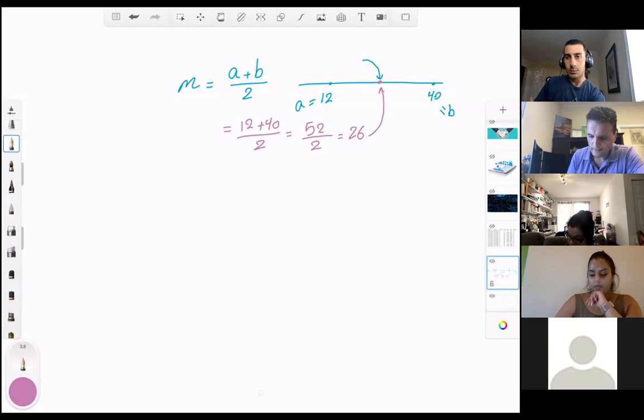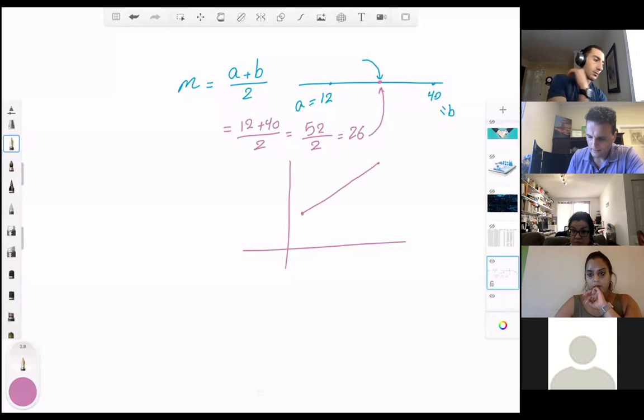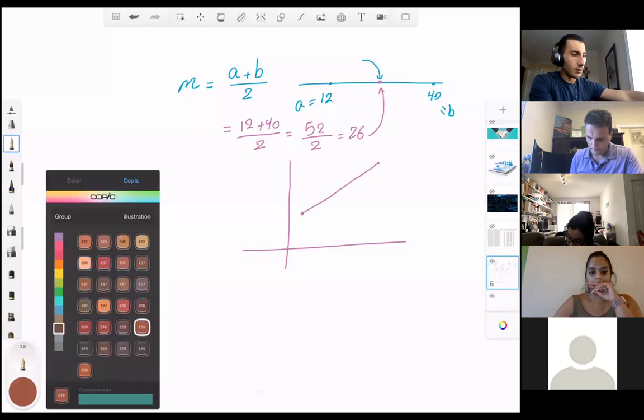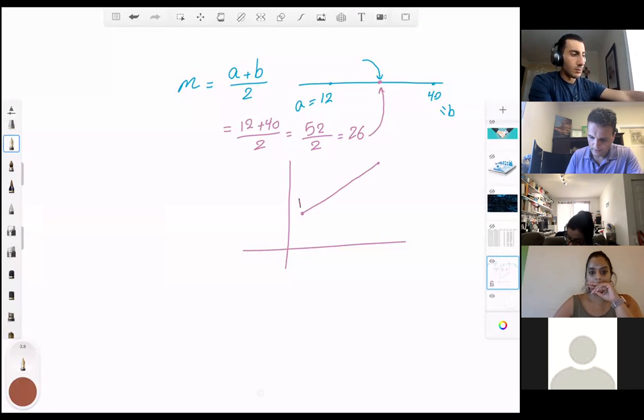If we are in the x and y axis, let's say we have a line. We also can apply the same formula for the value of x and the value of y. For example, this point P is (2, 8), and point Q is (16, 20).